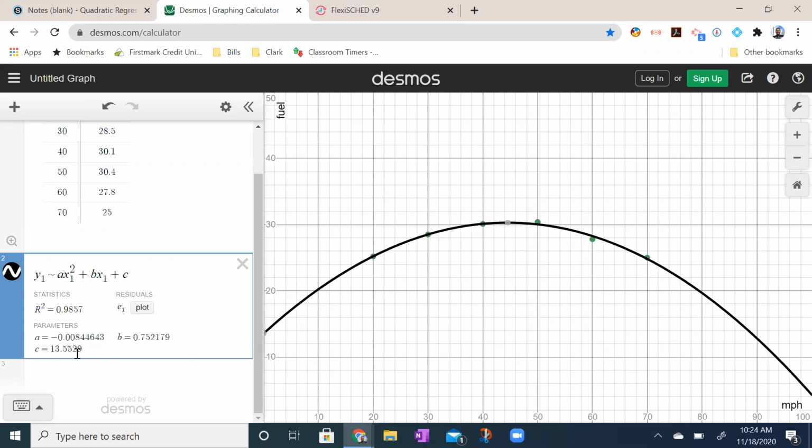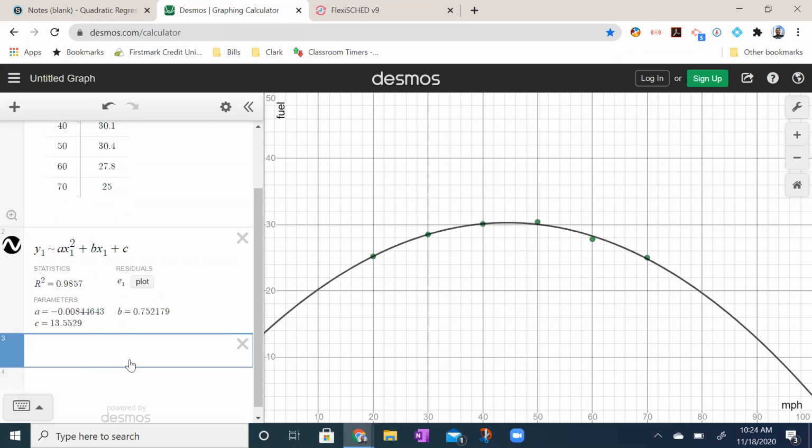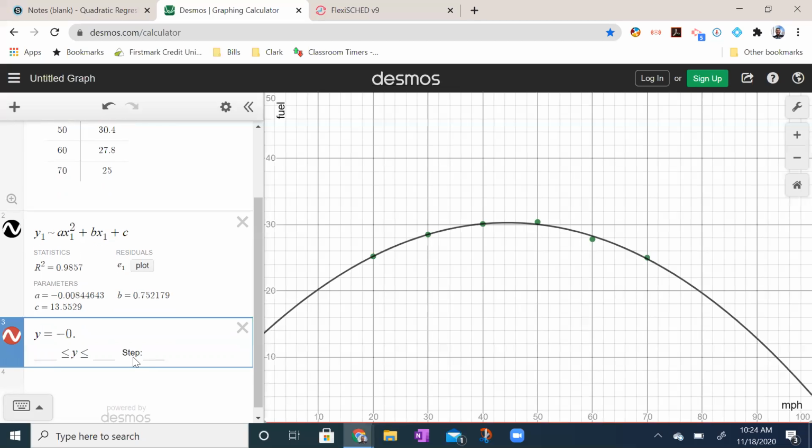And then here's the equation. As you can see, there's a lot of decimals, so I'm going to use just a couple of the decimals for our equation. Let's model it this way. We'll put y equals, and our a number is negative 0.00, let's put 8446.